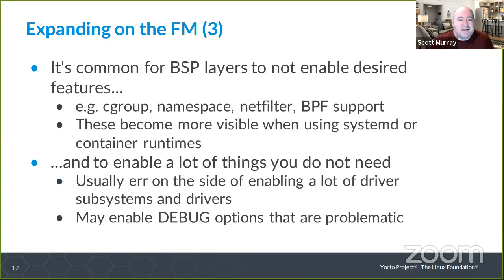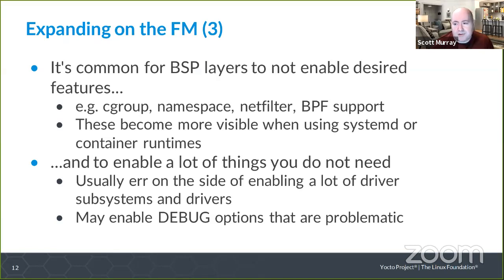So to continue on the kernel track, BSP layers, it's pretty common that they don't necessarily enable desirable features. So things related to cgroups and namespaces and a lot of the netfilter options might not be enabled. And these days it's maybe typical they won't necessarily have all the BPF options turned on if you're starting to get into using that. And these things become a little more visible when you're using systemd or some of the container runtimes.